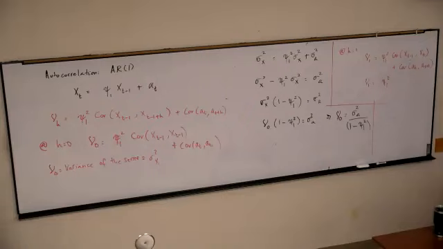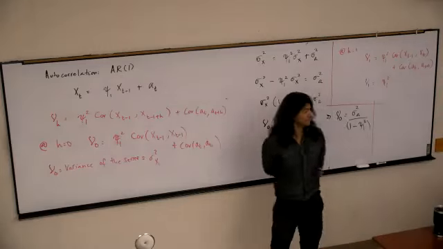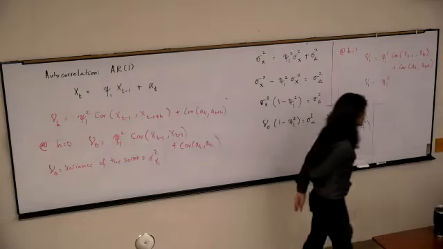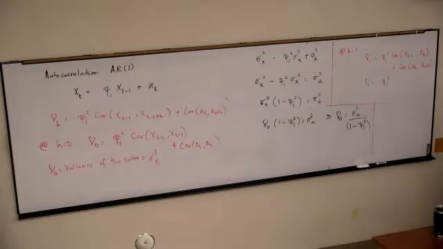What should we do there? It is the covariance of x sub t minus 1, comma x sub t. Look at the definition of autocovariance.